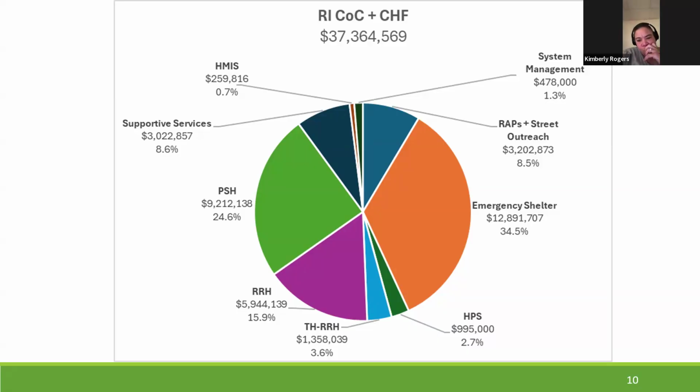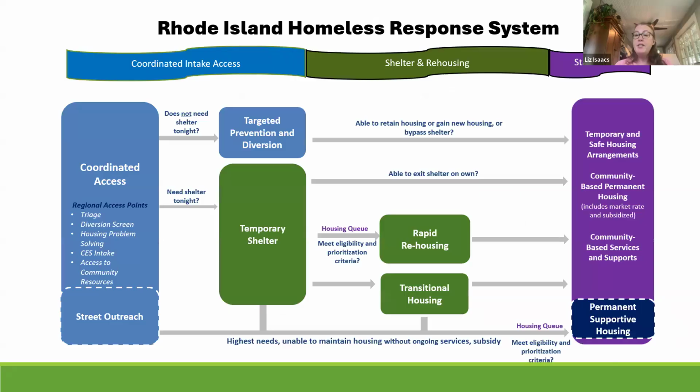Sure, good question. So Matt gave that beautiful slide on sort of the system. They can enter two ways, through the coordinated entry system, or they can enter through a domestic violence number, which I don't think we're showing here, but we can provide information on that.